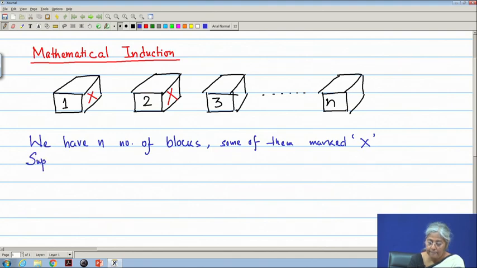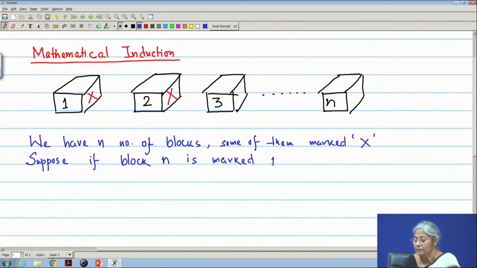Suppose if block n is marked, then block n plus 1 is also marked.